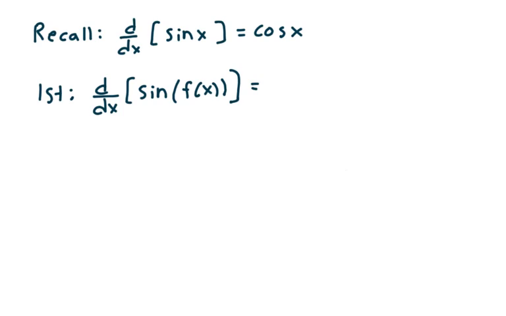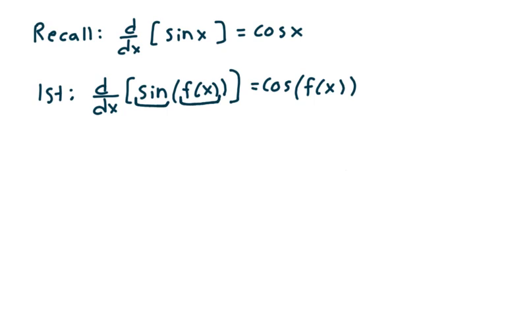The inside function is f of x. The outside function, if you will, is sine of x. So we're going to take the derivative of the outside function and evaluate it at the inside function. So in other words, we get cosine of f of x, like so.